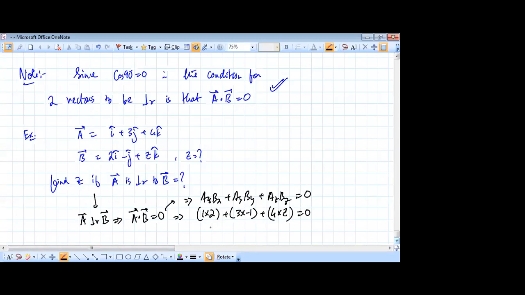So यहाँ पे this becomes 2 minus 3 plus 4z is equal to 0. So that means z is equal to 1 by 4 or 0.25. So this becomes the answer. So this is the sort of simple application of dot products being 0 for perpendicular vectors.